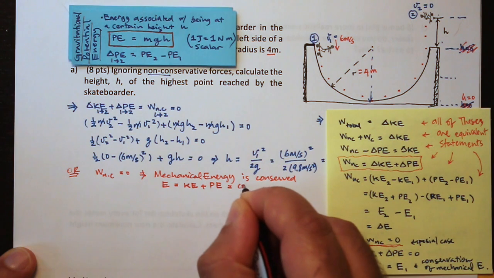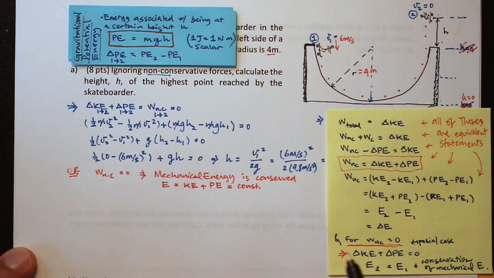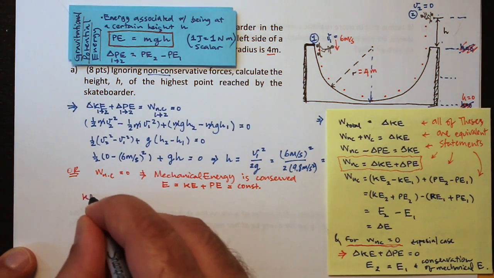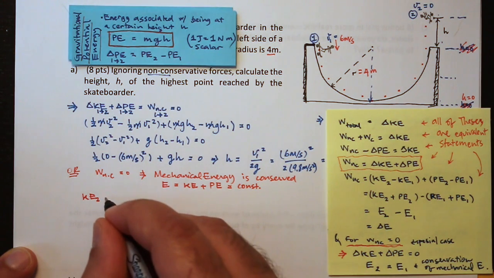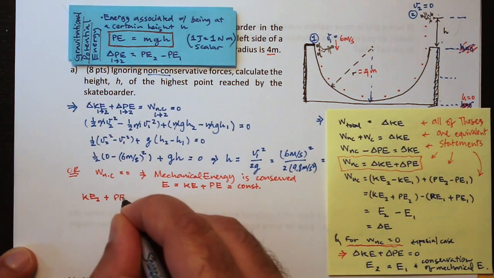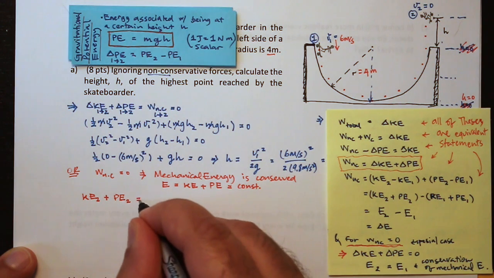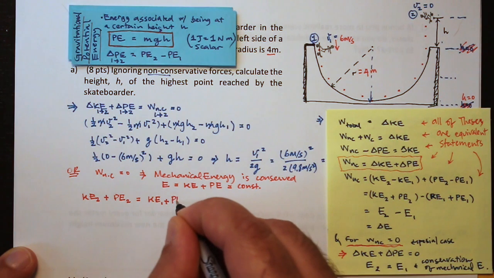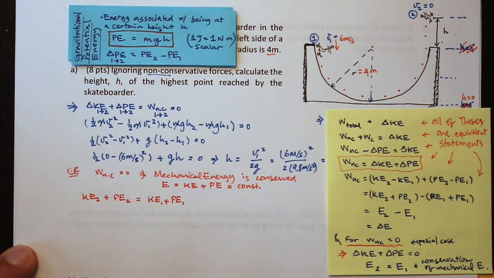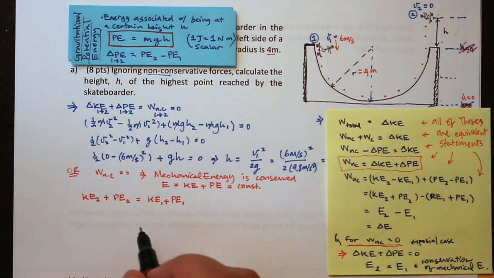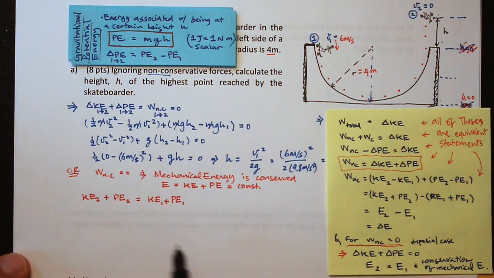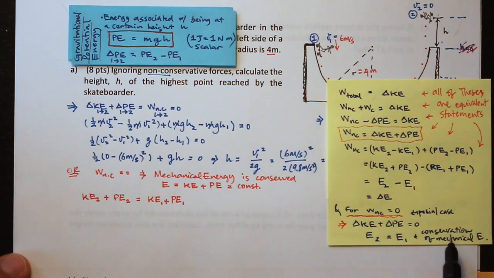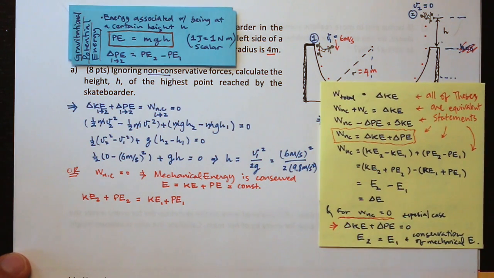That means it's a constant. That is to say that the kinetic energy at some position 2 plus the potential energy at some position 2 is equal to the kinetic energy that I started with plus the potential energy that I started with. Okay, that is the statement that the mechanical energy is conserved.